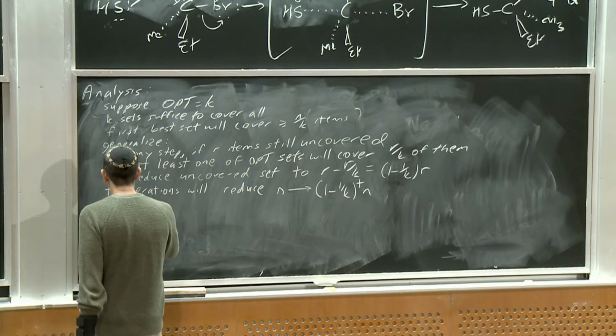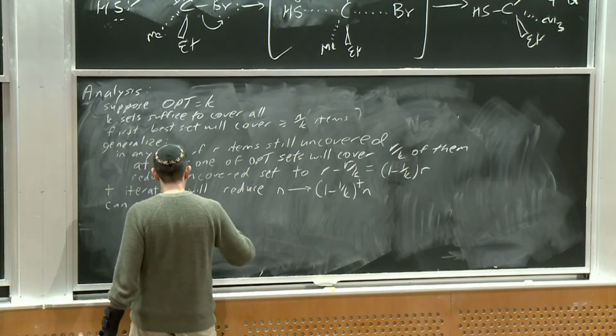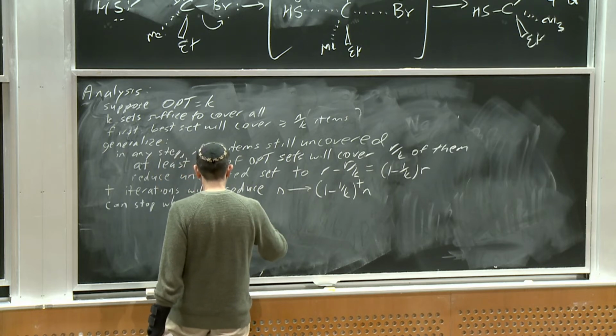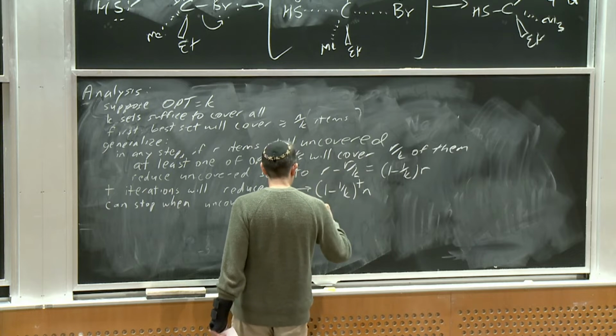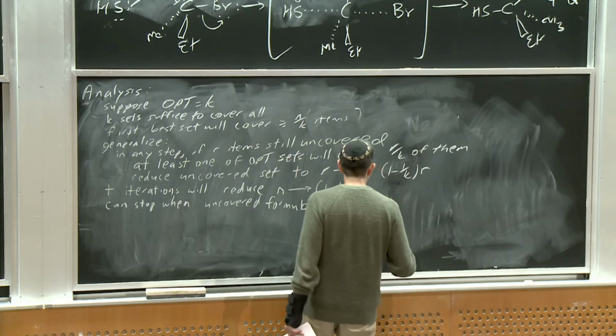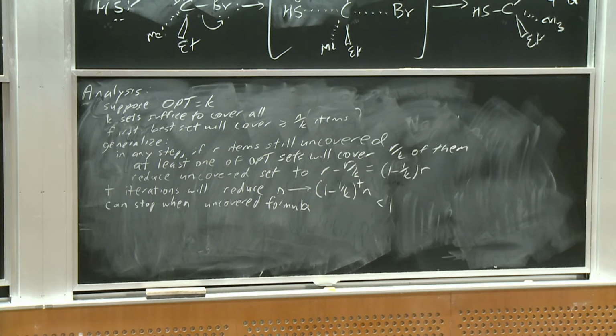Exactly. So we can stop when this quantity here is less than 1, right? If the formula says that we have less than or equal to 1/2 of an uncovered item, well, the number of uncovered items is an integer.